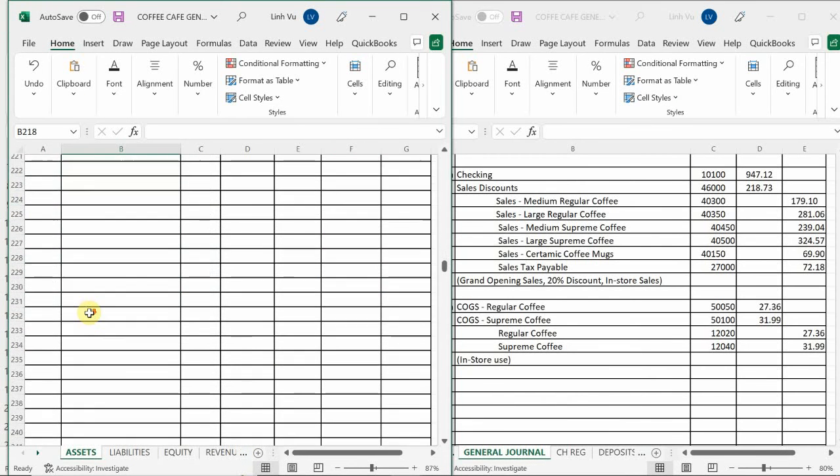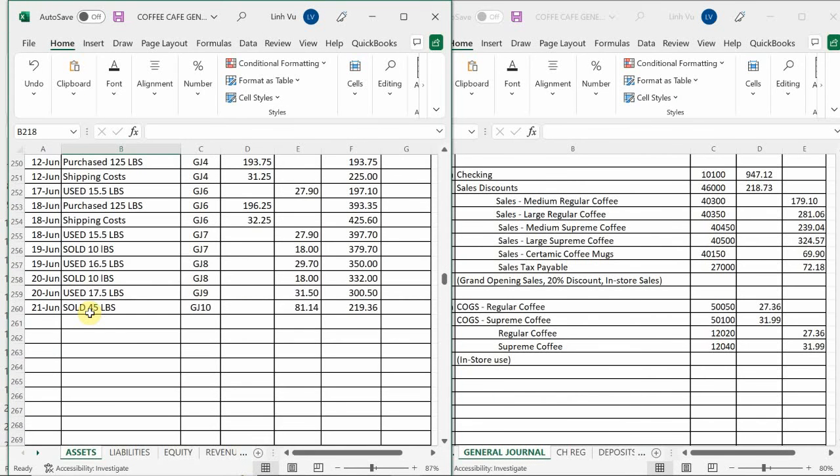Okay. Last entry for the day. 17.5. You did use 17.5. General Journal 10, which was for $31.99.